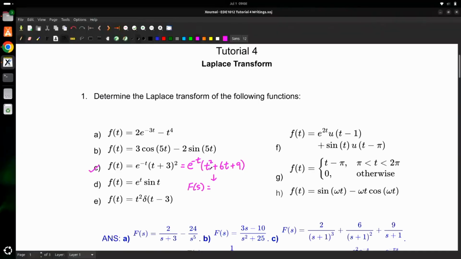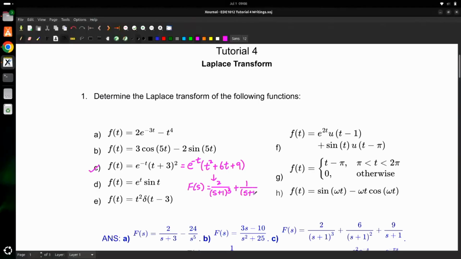You really have to just recall that the Laplace transform of t squared is 2 over s cubed. So this 2 over s cubed, you shift by minus 1. So you will get 2 over s plus 1 cubed, because it's s minus minus 1. Then plus 6 times, for t, 1 over s squared, so you're going to get 1 over s plus 1 squared.